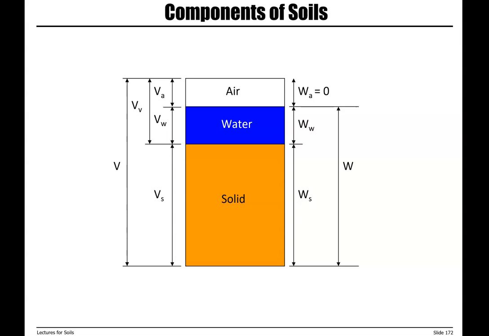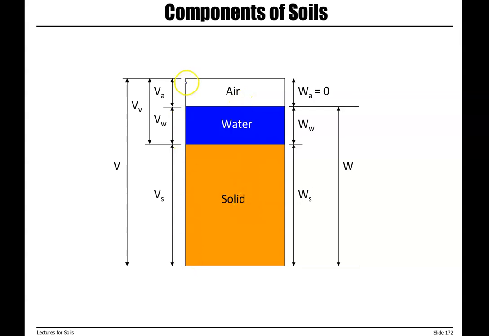For engineering purposes, to be able to calculate volume when we know weight or weight when we know volume, we use what you see in this slide, which is called a phase diagram. We have 3 phases of air, water, and solid.